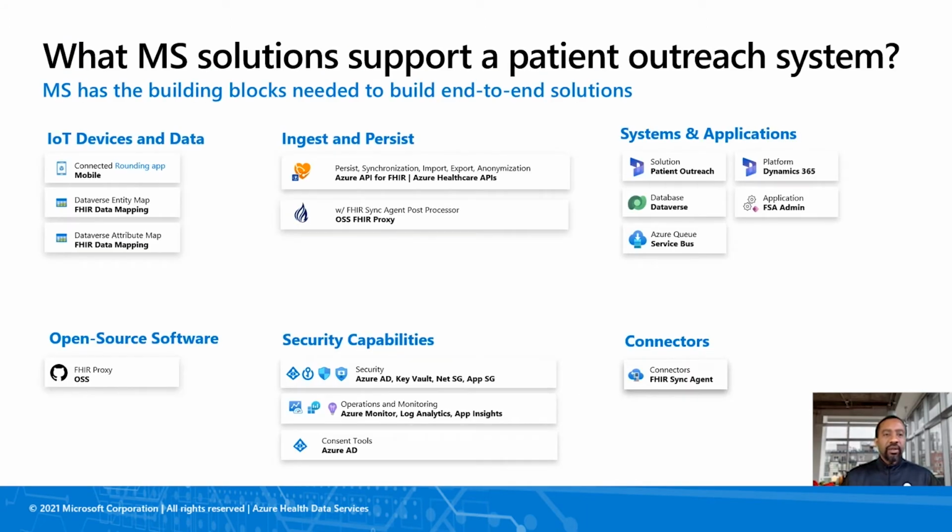If you go back and take a look at the building blocks, we've got a number of different ways to get data in. We could get data in via an application that's running on iOS or Android, a Smart on FHIR app.